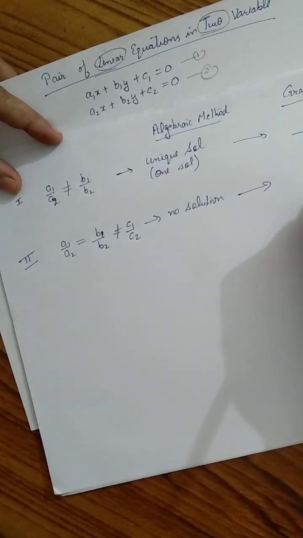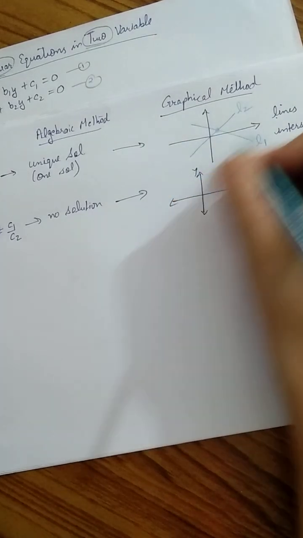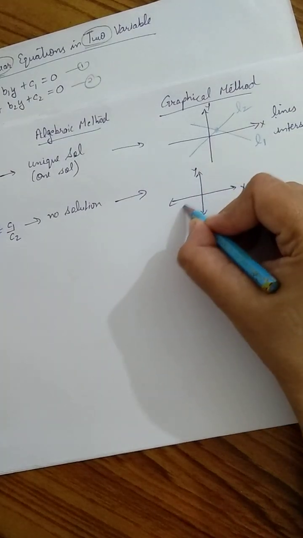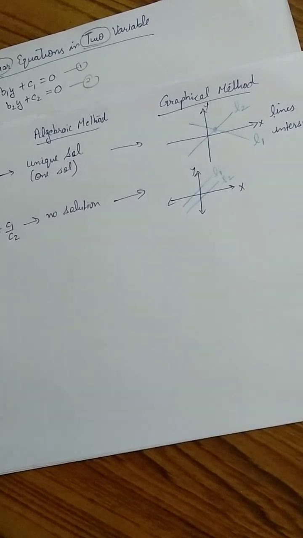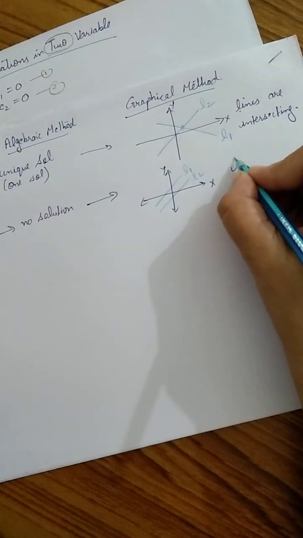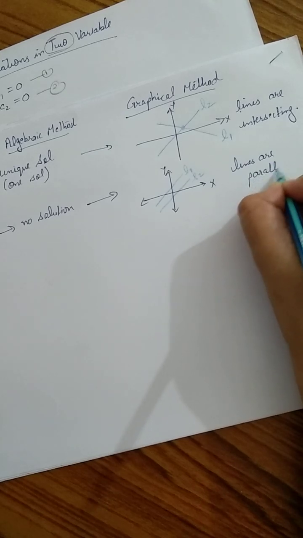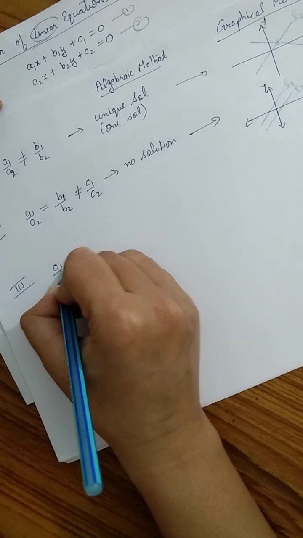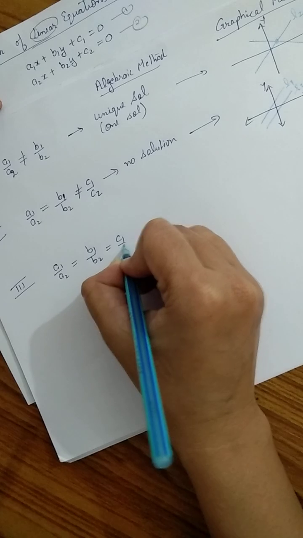Graphically, if this is the x-axis and this is the y-axis, then both the lines are parallel. This is line L1 and this is line L2. Both the lines do not intersect at any point, so we can say that the lines are parallel.